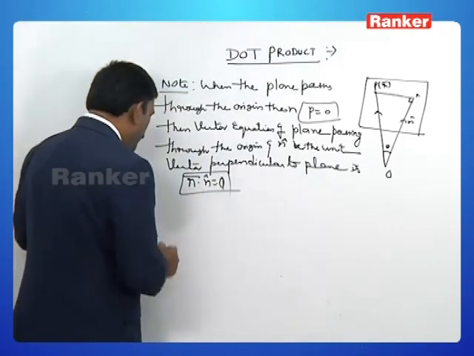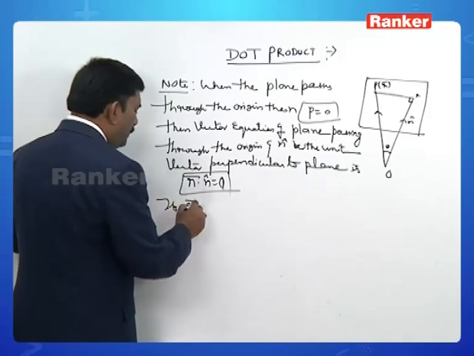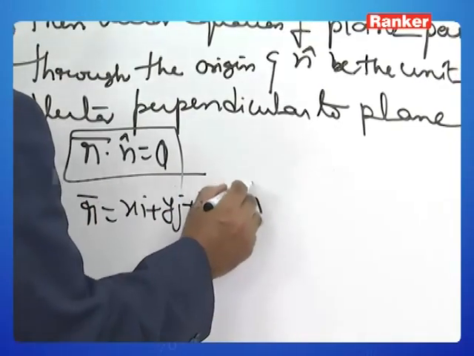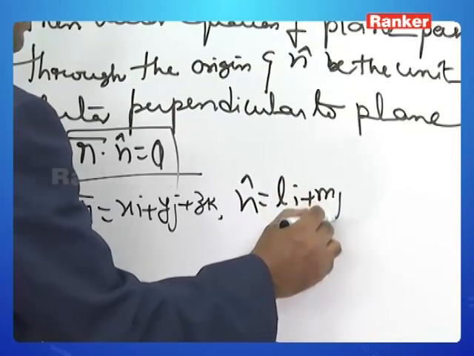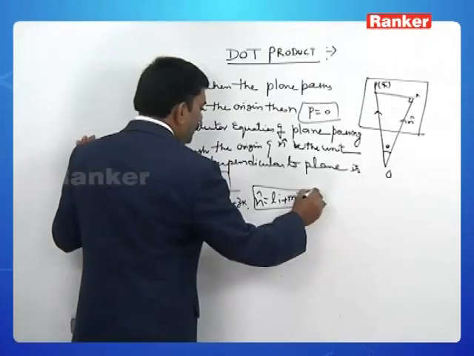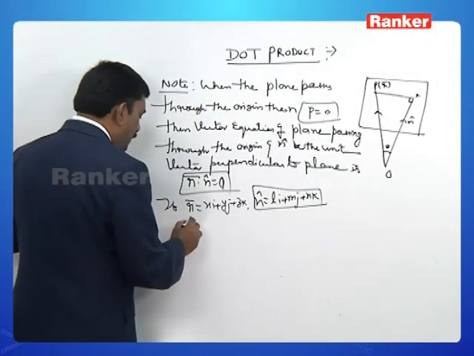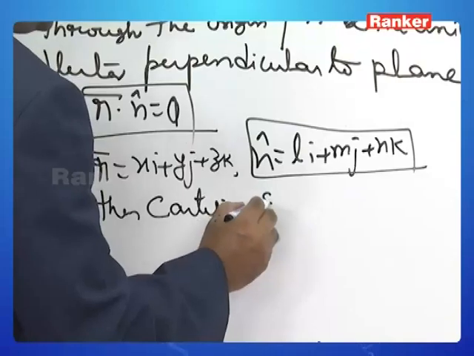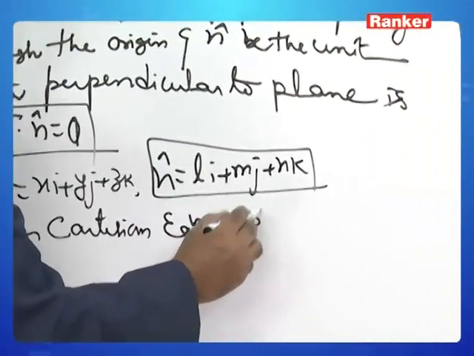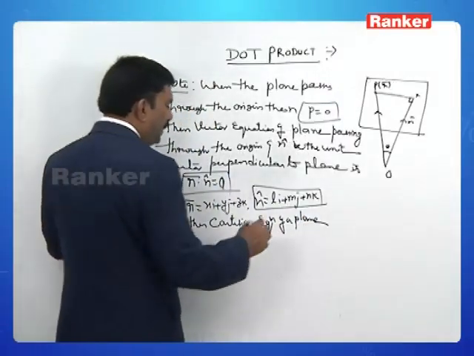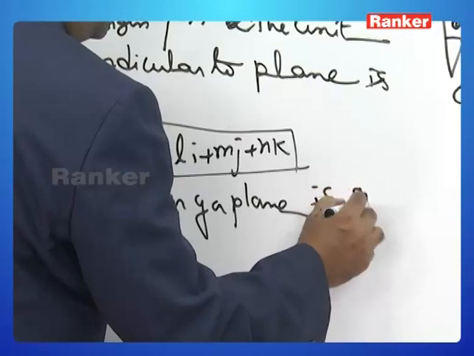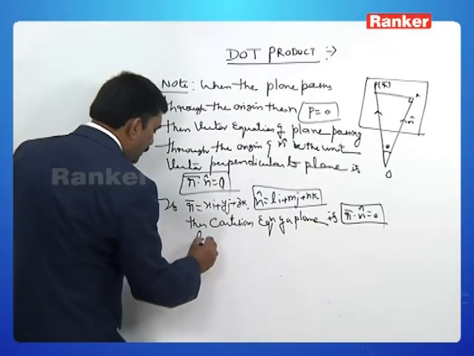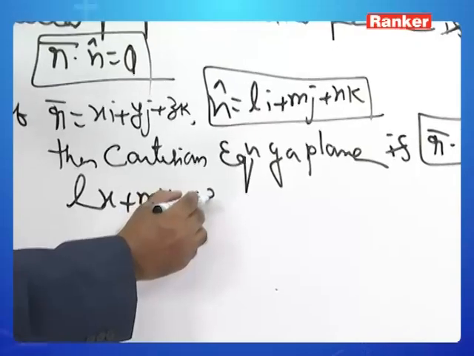That is, if r bar is equal to xi plus yj plus zk and n cap is equal to li plus mj plus nk, then the Cartesian equation of a plane is r bar dot n cap is equal to 0. Take the dot product: lx plus my.